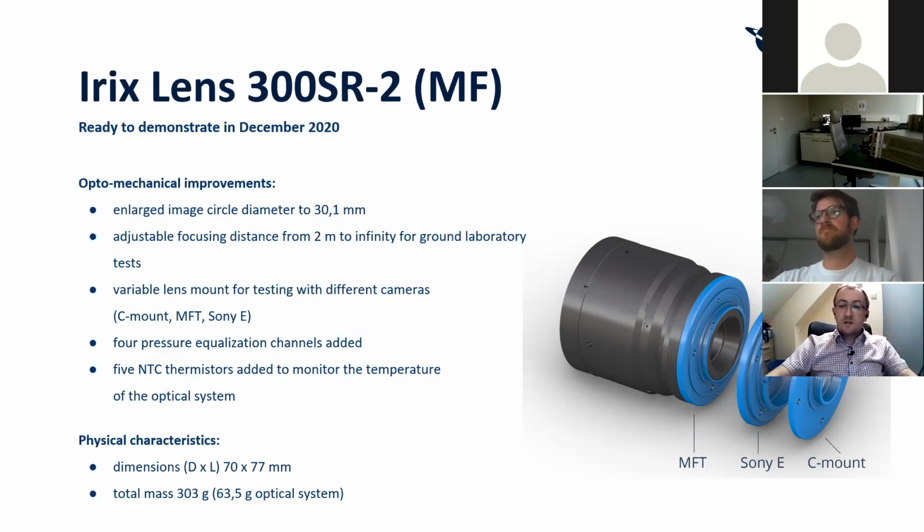So the final f-stop of the lens is 5.6. This means we still have a lens that is practically diffraction limited at 7 microns.